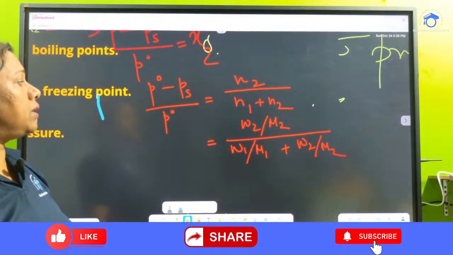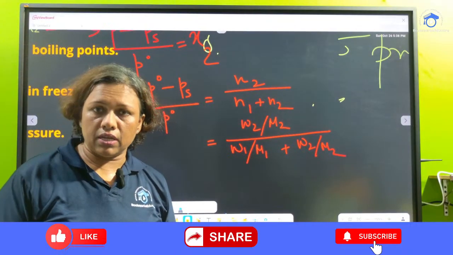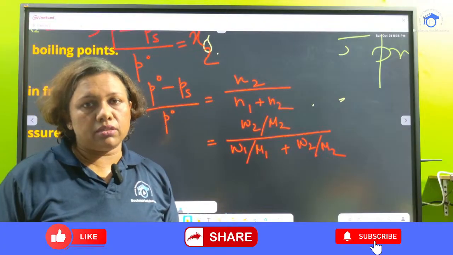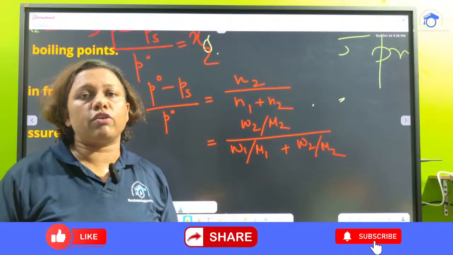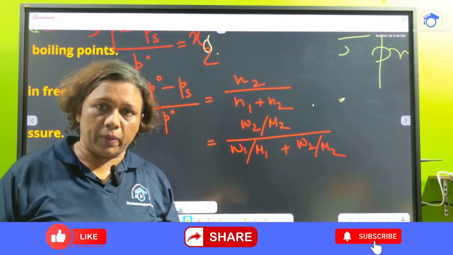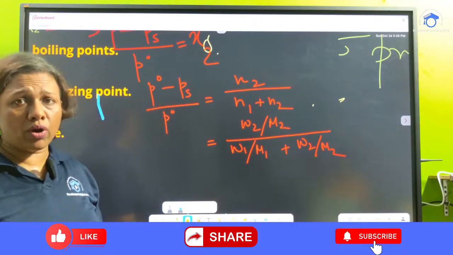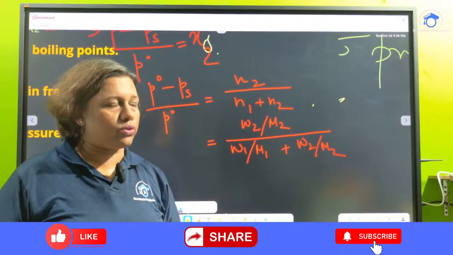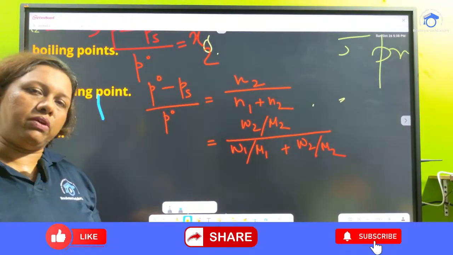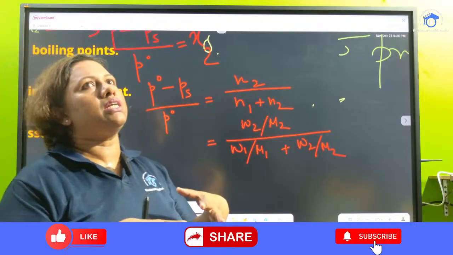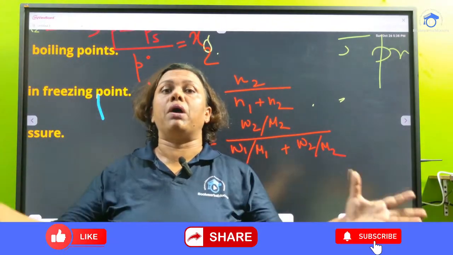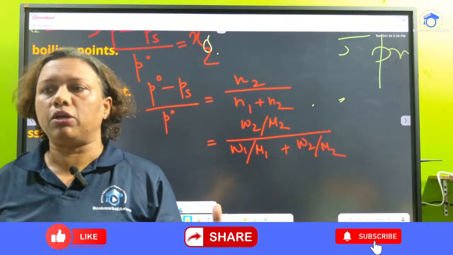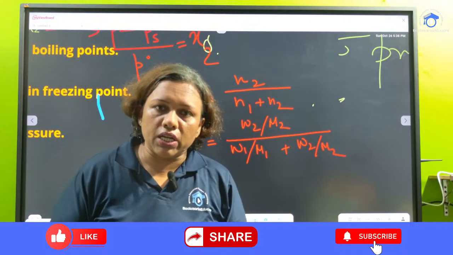Okay. Now W stands for weight. 1 for solvent weight, 2 for solute weight. M1 and M2 are for the molecular weight of the solvent and solute respectively. For 1 that is for solvent and 2 for solute. Okay. Now again we have to simplify. The solute present in a solution is very less compared to the solvent because the solvent is in bulk.